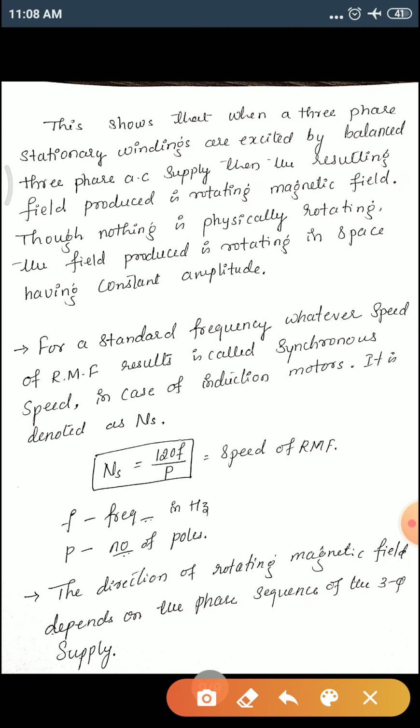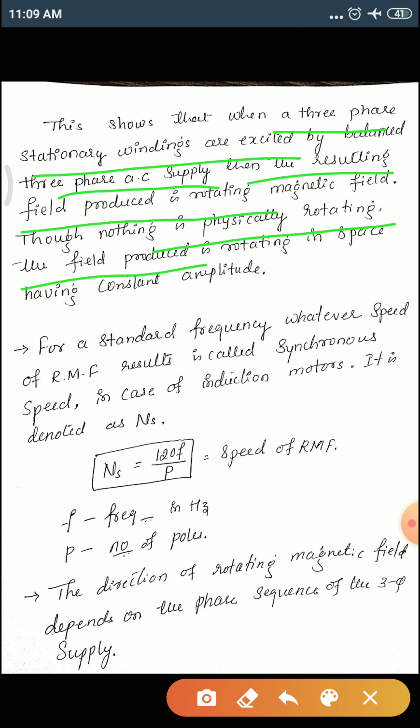When the three-phase stationary windings are excited by a balanced three-phase supply, meaning when the supply is given to the stator, the resultant field produced is a rotating magnetic field. Though nothing is physically rotating, the field produced rotates in space with constant amplitude, that is, a magnitude of 1.55 m.